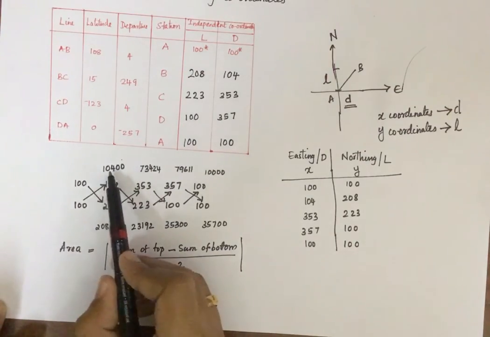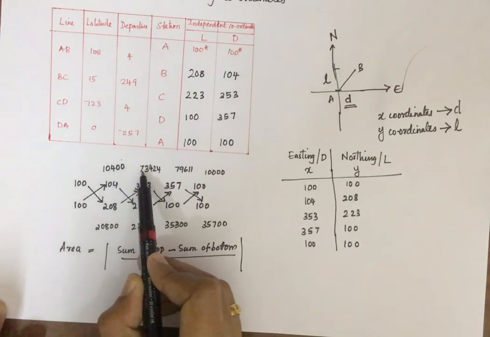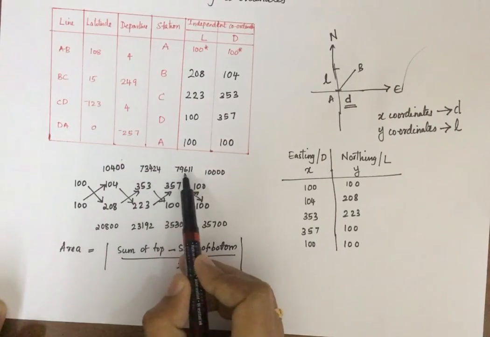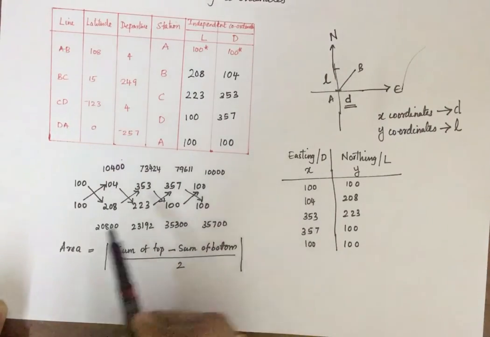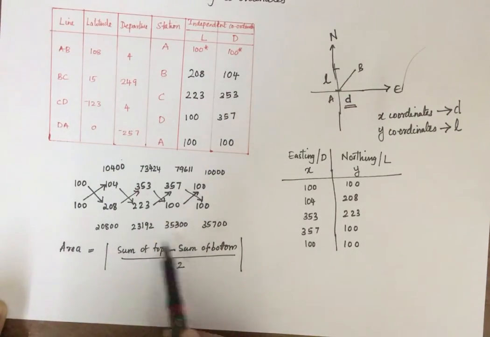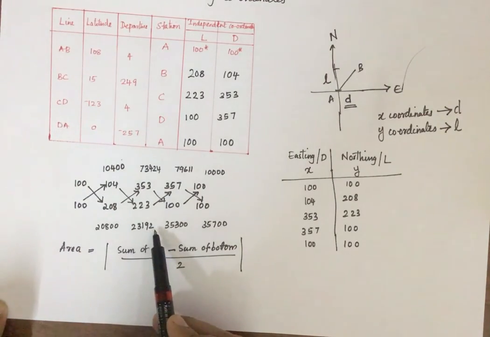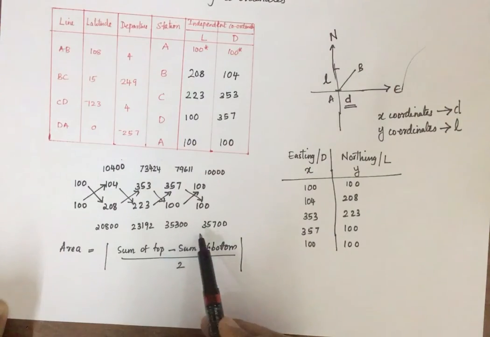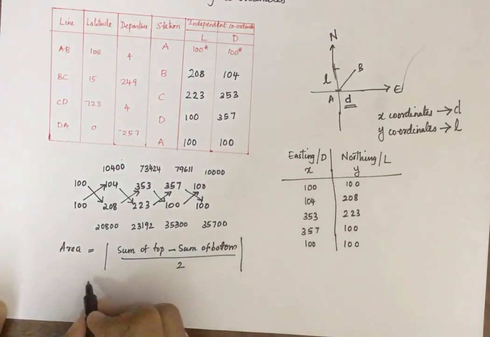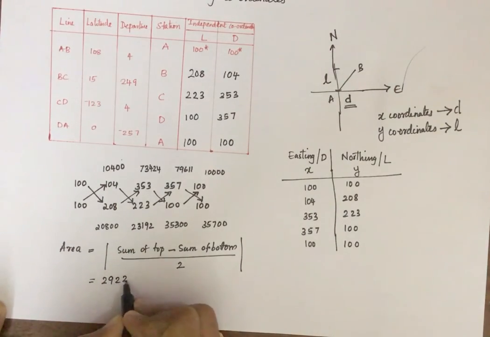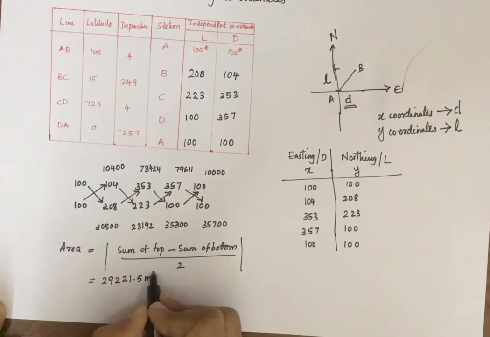That is the sum of top, 10400 plus 73424 plus 79611 plus 10,000, minus the sum of bottom, 20800 plus 23192 plus 35300 plus 35700, divided by 2, will give you the area. So when you calculate it, you will get 29221.5 meter square.